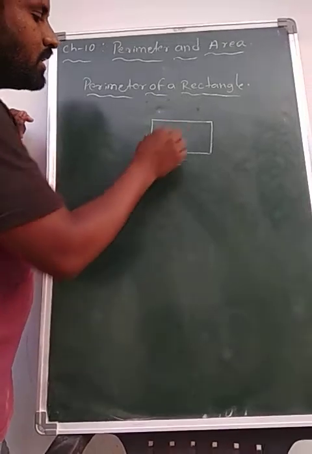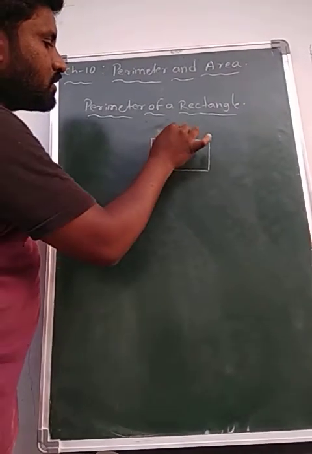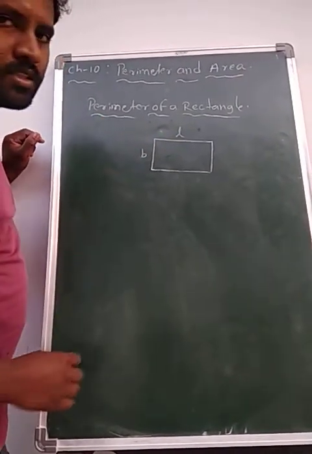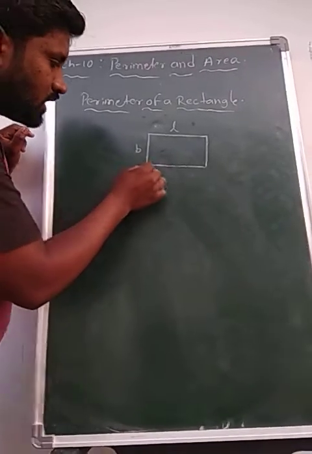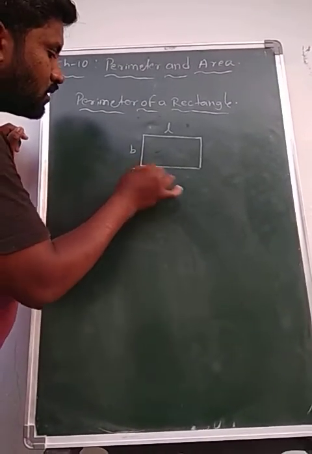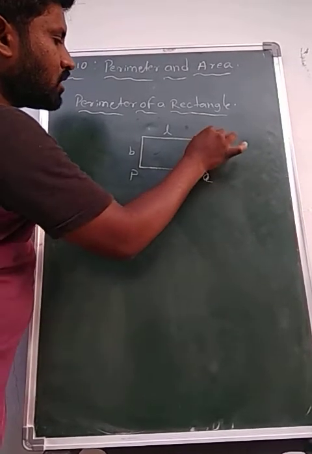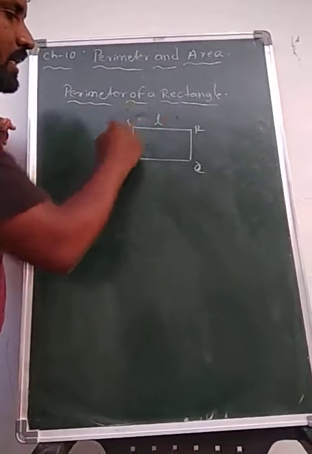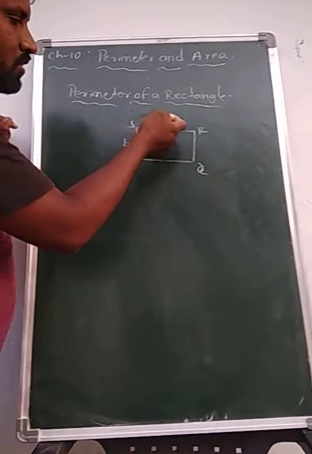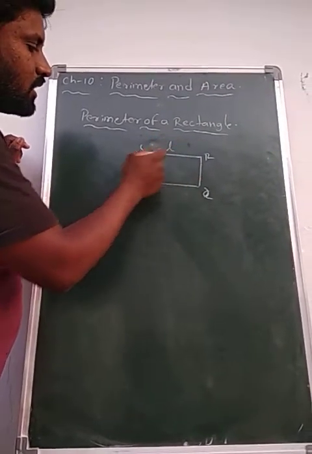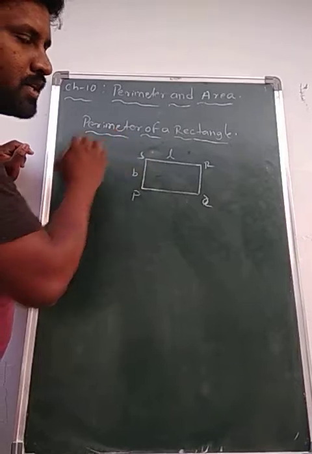We know it has length and breadth. Consider I'm giving the name here: PQRS is a rectangle. So we know this is length and this is width or breadth.